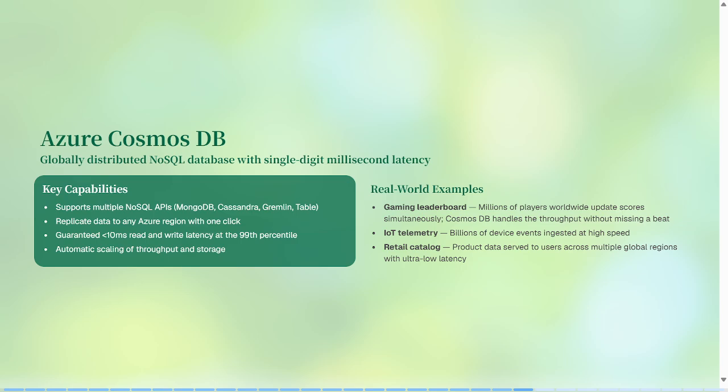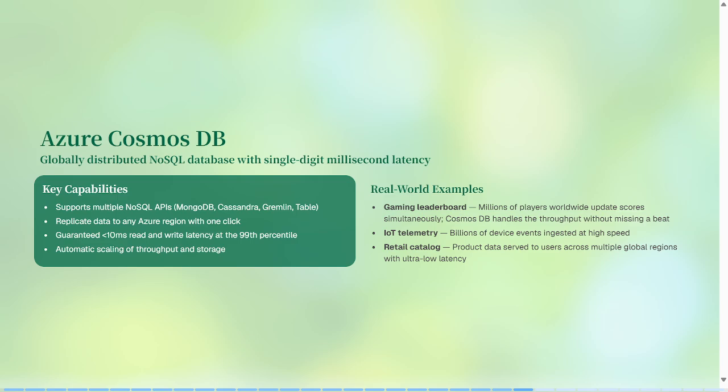Azure Cosmos DB provides several powerful features. It supports multiple NoSQL APIs, including MongoDB API, Cassandra API, Gremlin API, Table API. You can replicate your data to any Azure region with a single click, making your application globally available.